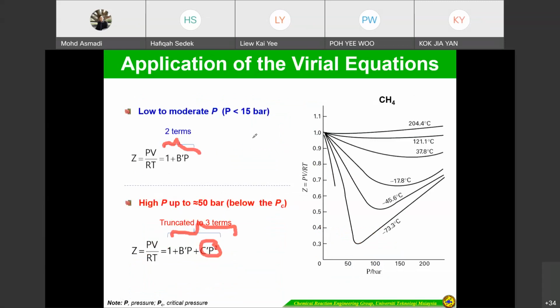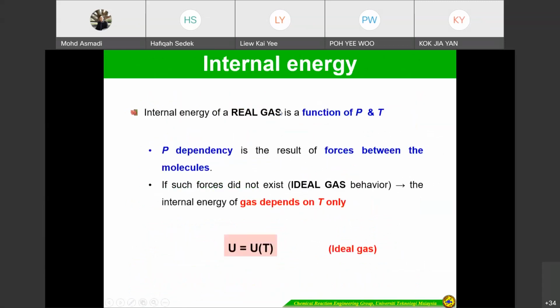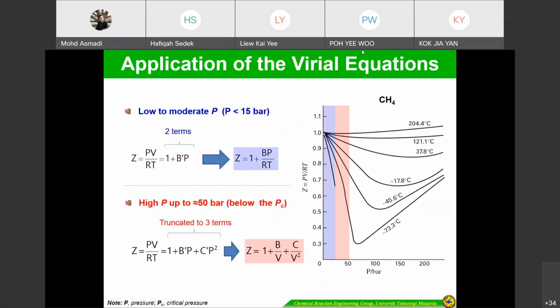So awak kena ingat when we want to use these equations for the calculation, the pressure should be below than 15 bar. Okay, low to moderate, you boleh guna.